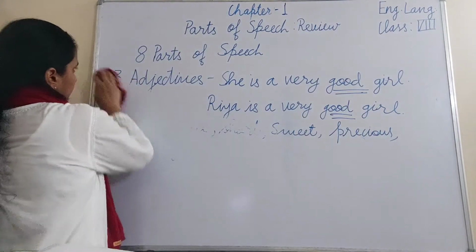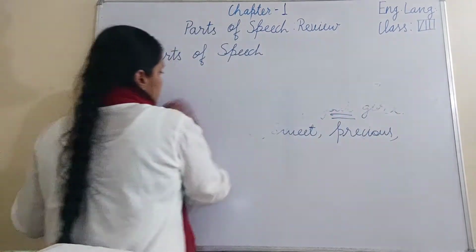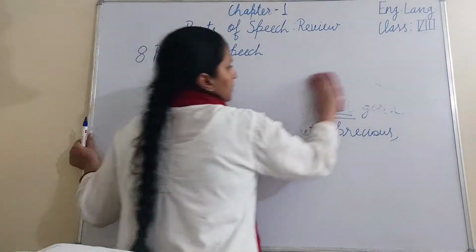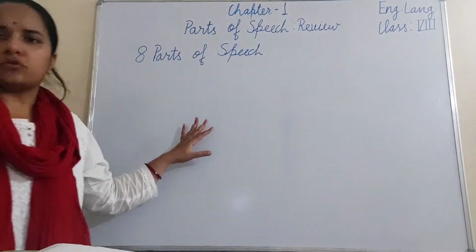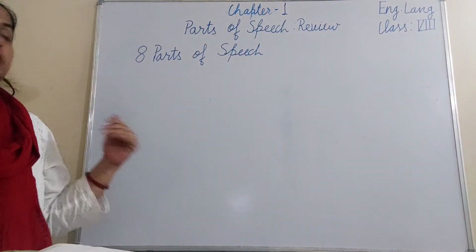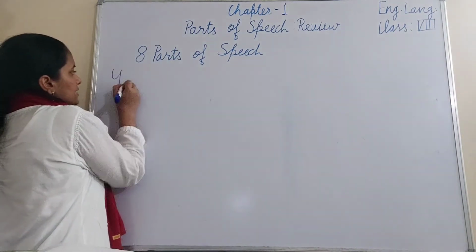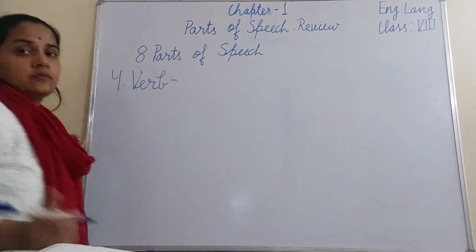The fourth part of speech is the verb. The sequence that is given in your book may be different, but there will be only 8 parts of speech and one more which is added, the determiner. So the next part of speech is verb. What is the verb?